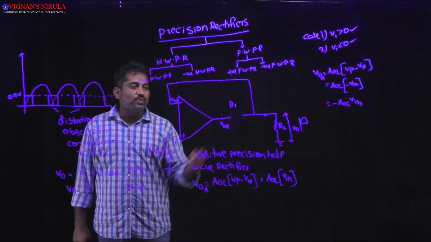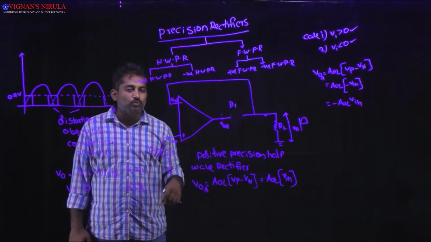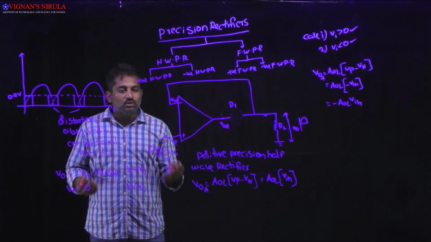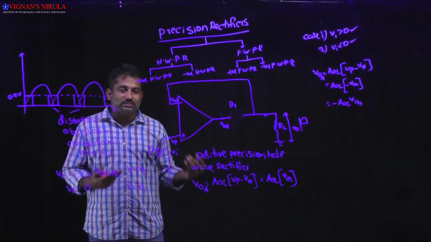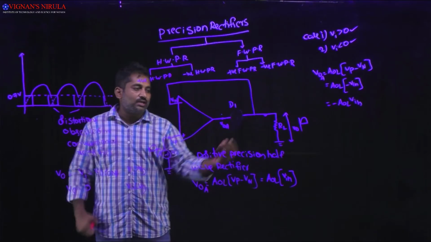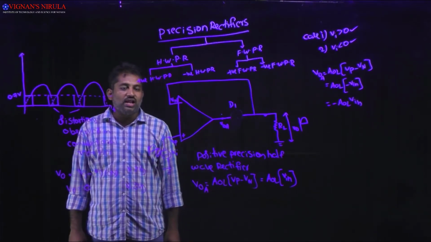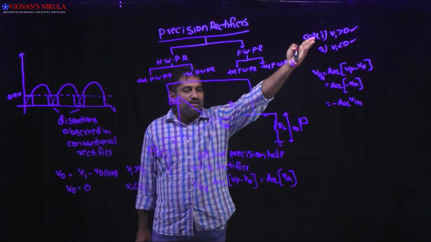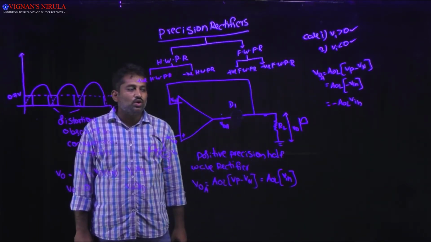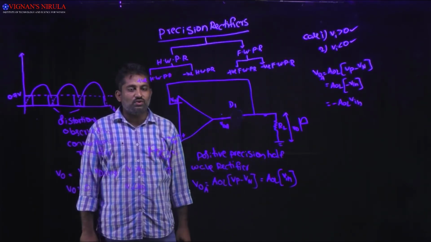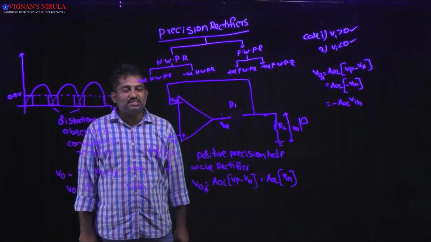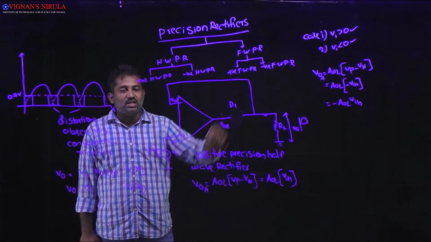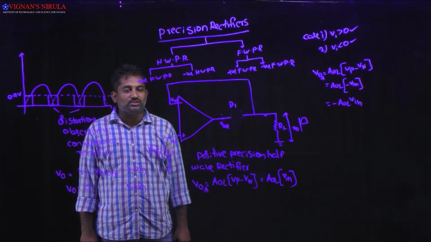If it becomes an open circuit, there is no feedback path from the output to the input, and we do not collect any output across the load resistance RL. So when Vi is greater than 0, you get the positive wave. When Vi is less than 0, you get no output across the load resistance RL.